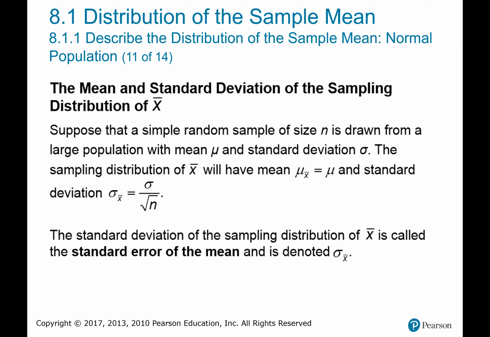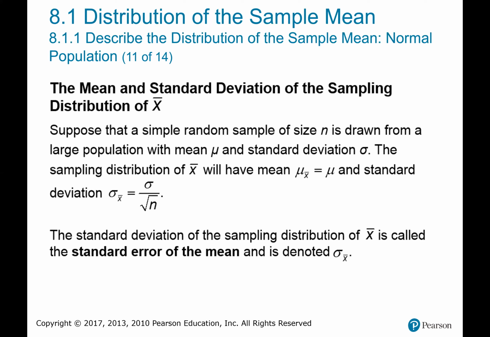So the mean of X bar, the mean of the sampling distribution, is the same as the mean of the population. And then the standard deviation, sigma X bar, is equal to the standard deviation of the population, sigma, divided by the square root of sample size n.